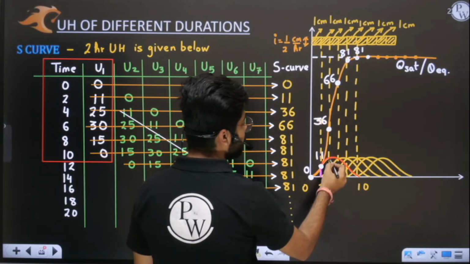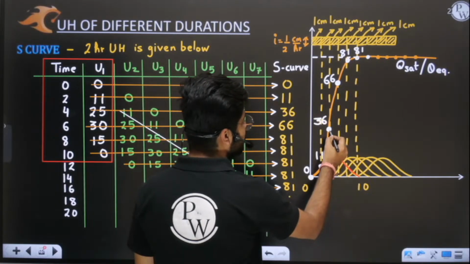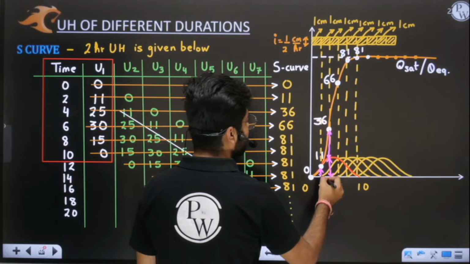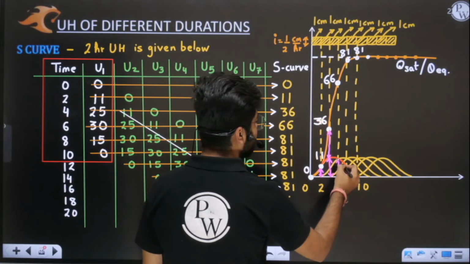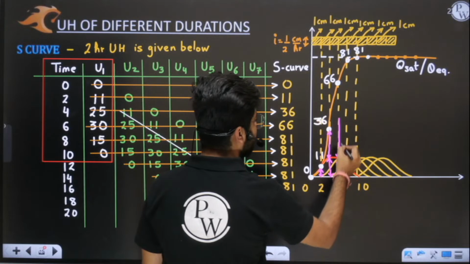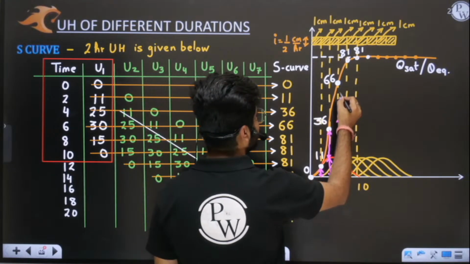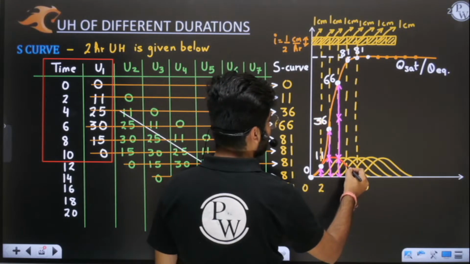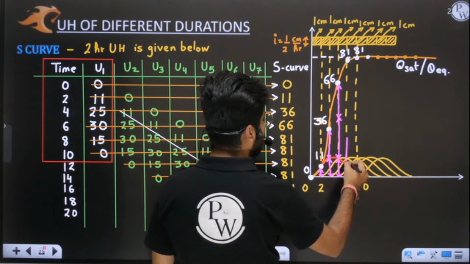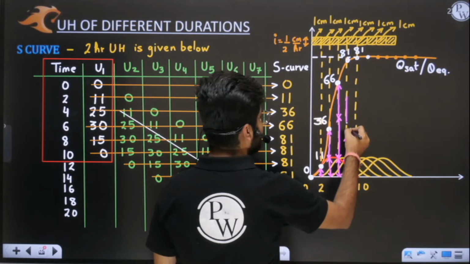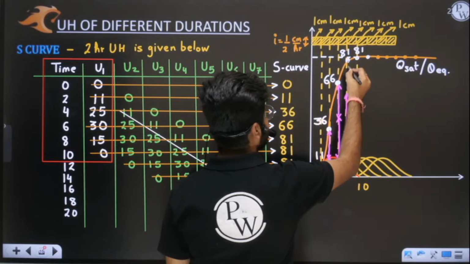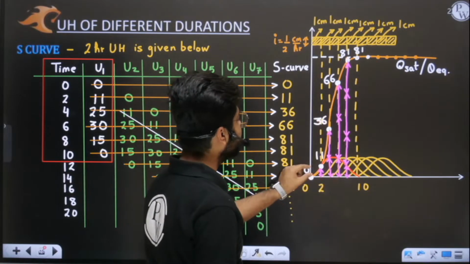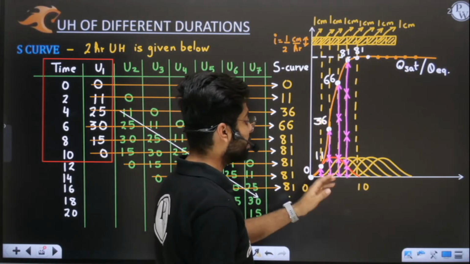If you want to get this value, you have to add this to this. If you want to get the next value, you have to add this, and add the first one to reach here. For the next one, you add the last one, then again the last one, and at last the previous one. So every time you are moving ahead, you have to add the previous ordinate.